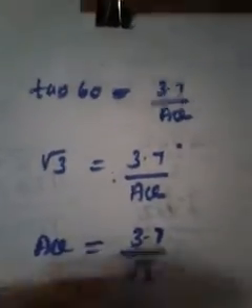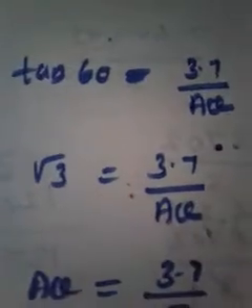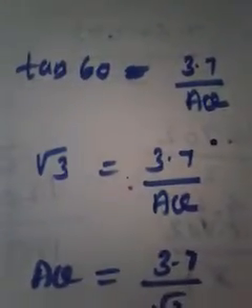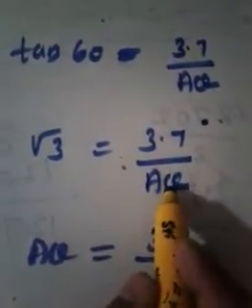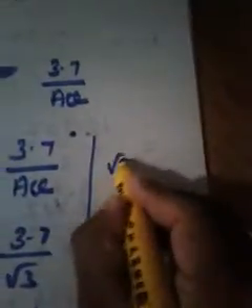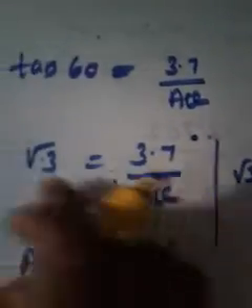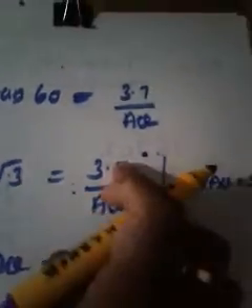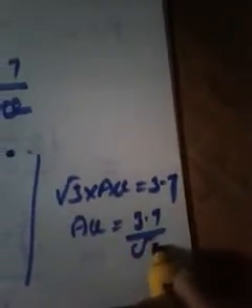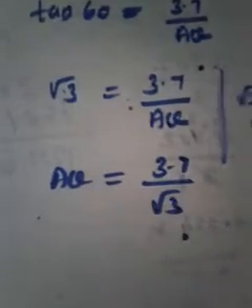Otherwise you can cross multiply: take AQ to the left side, so it becomes root 3 into AQ is equal to 3.7, because it was in the division part. Now what is AQ? 3.7 by root 3. You may understand.